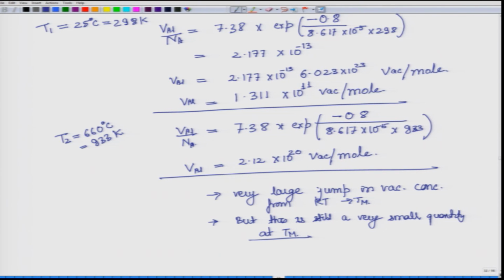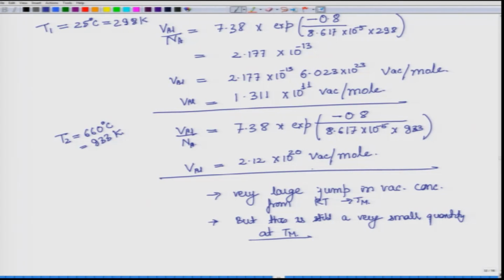That is the minuscule amount even close to the melting point. Beyond the melting point, of course, there is no point in talking about vacancy concentration, because it will be in the liquid state, and what we have derived is for the solid state. So, this is the maximum vacancy concentration that you would see, assuming that these values are true.